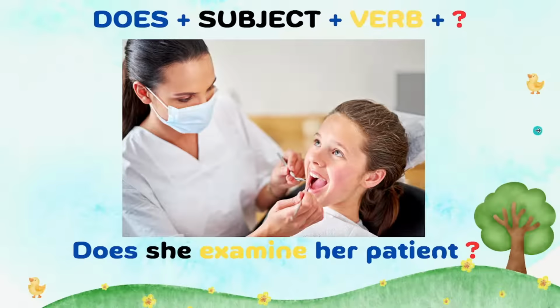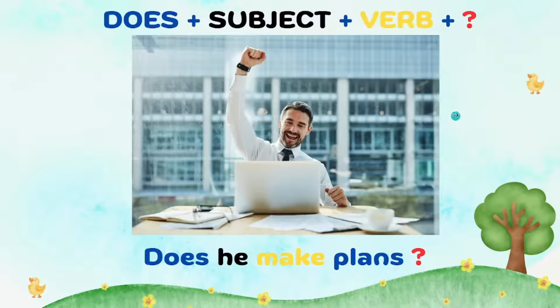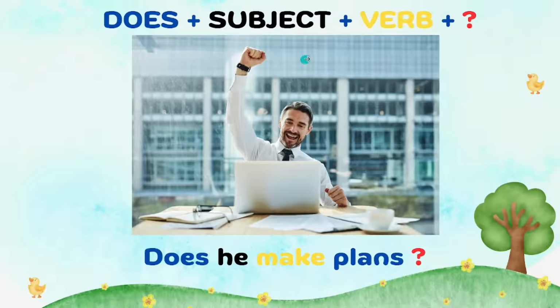Okay, another example. So, it says here the rule or the tip. Does she examine her patient? It means that does is the helping verb, she is the subject pronoun, and examine is the verb or the action word. Oh, let's take a look at this picture.